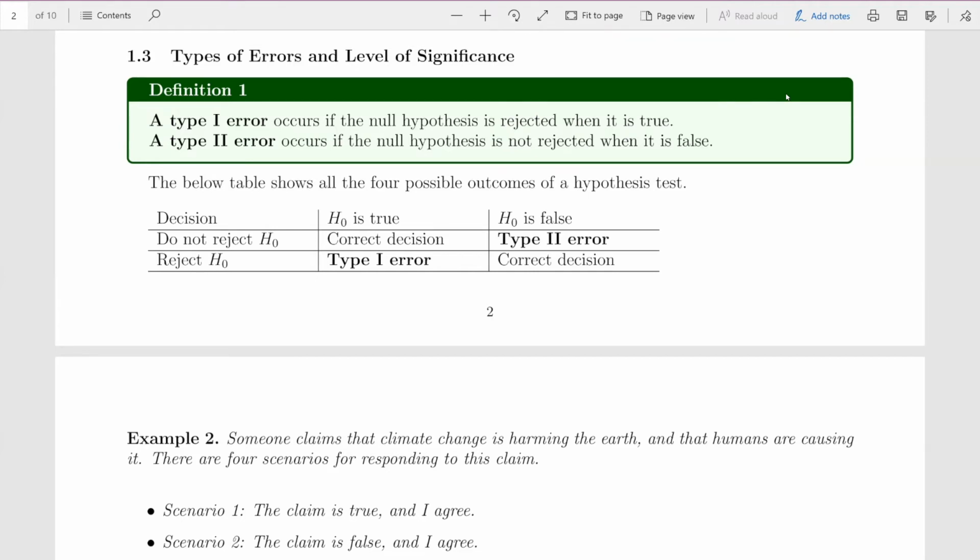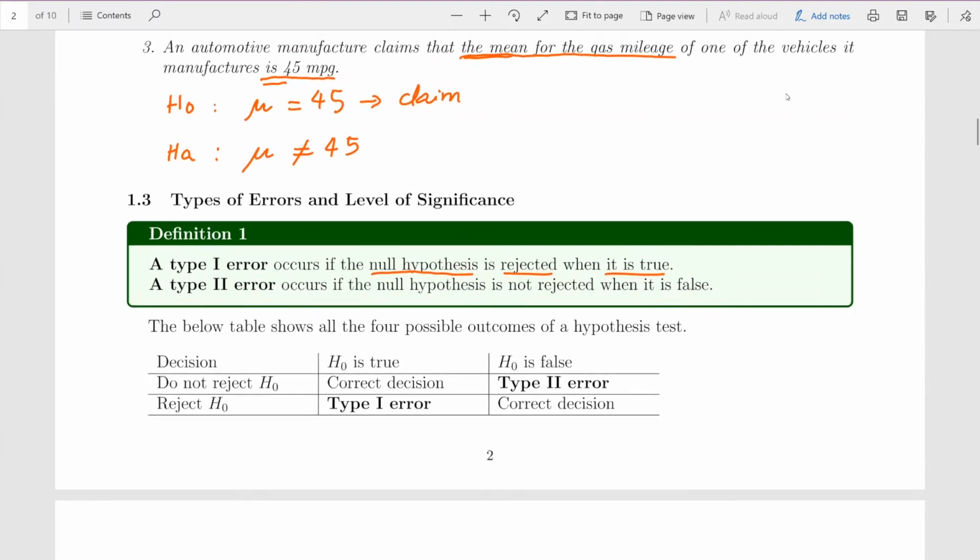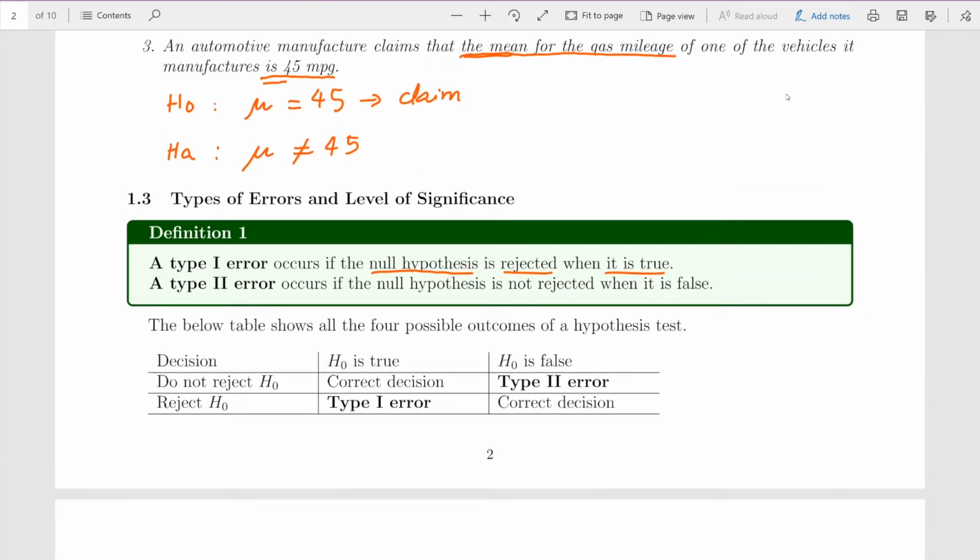A type 1 error occurs if the null hypothesis is rejected when it is true. For example, you come up with a null hypothesis, and it is also a claim. In this example, the mean gas mileage is about 45 miles per gallon. It's a null hypothesis, and also a claim.